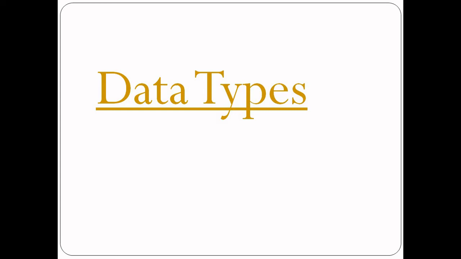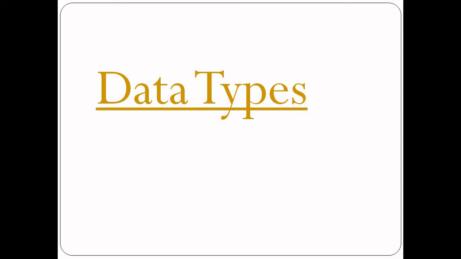Any kind of data, it can be textual data, numerical data, or any other form of data, must be stored in a variable. A variable is a memory container where data gets stored.